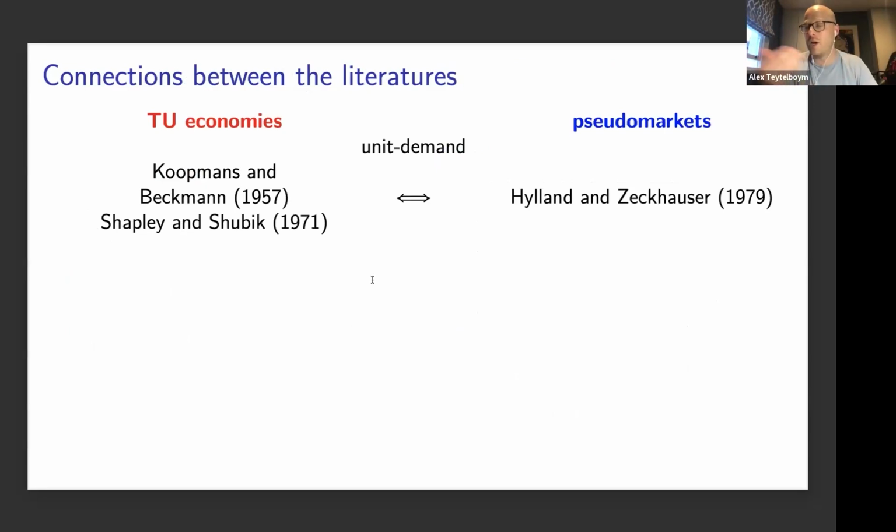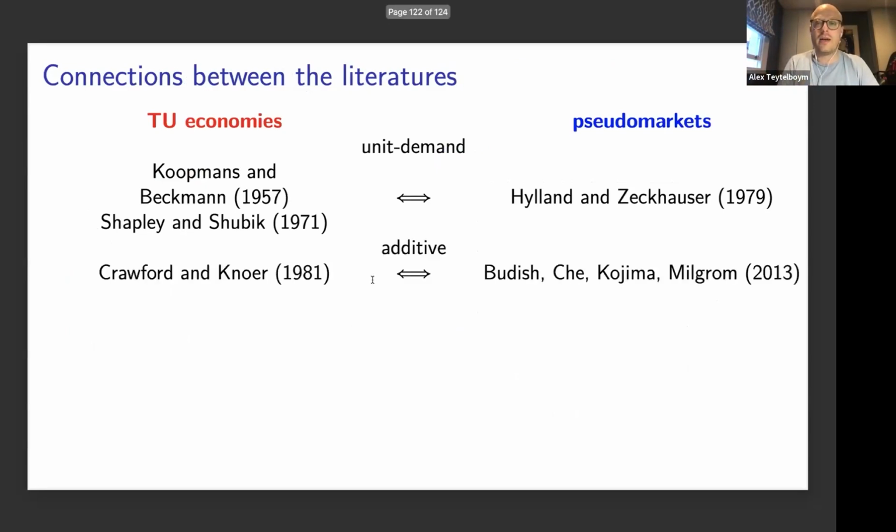So one exists if and only if the other exists. But it also allows you to connect papers which people have thought of as seemingly completely unconnected. In the case when valuations are additive but multi-unit, Budish, Che, Kojima, and Milgrom had a very famous paper. One of the results in it pointed out that, in fact, you still get realizability of random equilibria in the pseudo market.